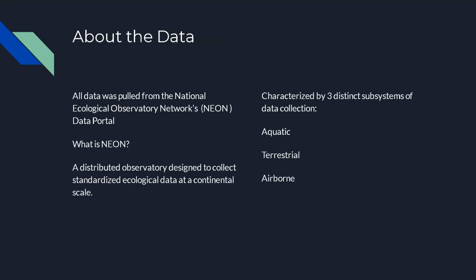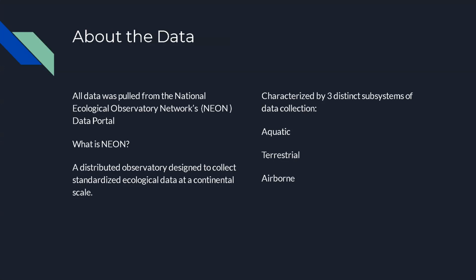What is NEON? NEON is the National Ecological Observatory Network. It's a distribution of many different observatories that focus on collecting standardized ecological data at a continental scale.